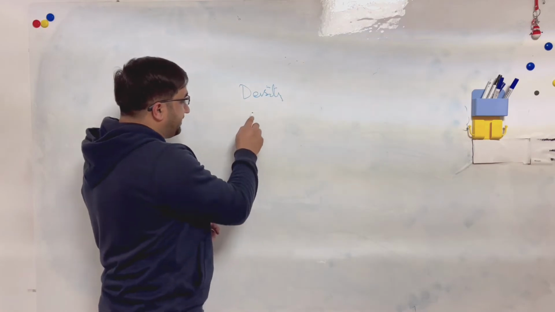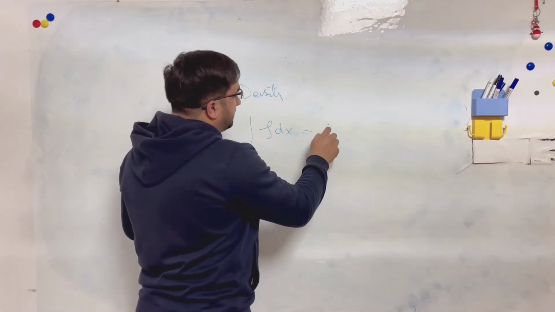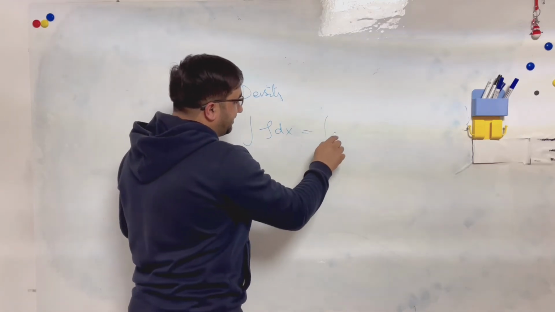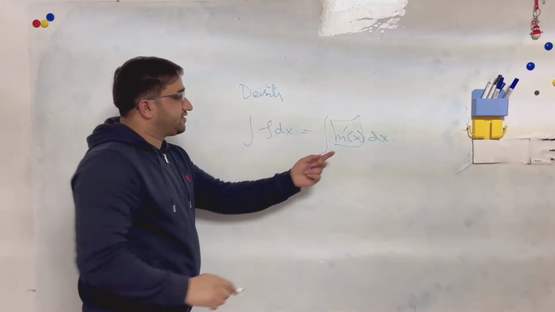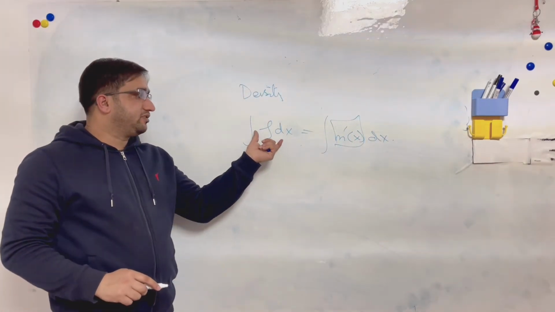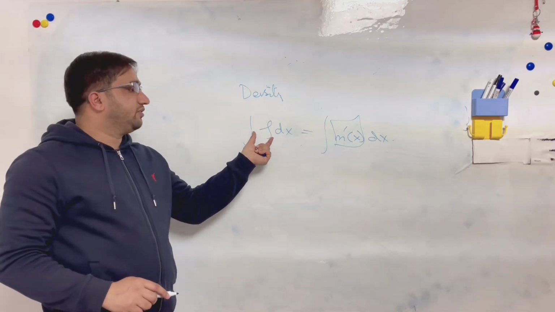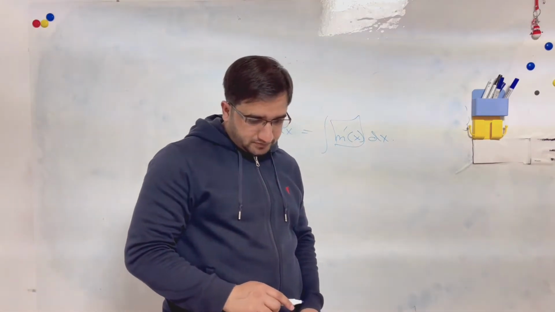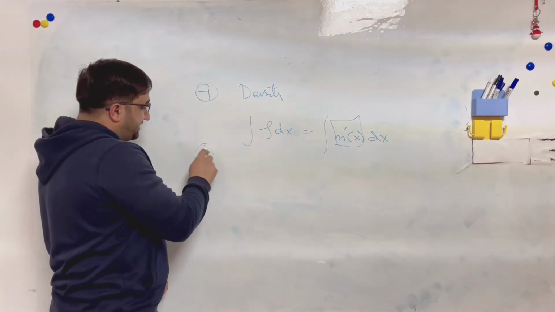So if you want the integral of rho dx, you are actually calculating the integral of m dash of x dx. They will give you this density function, and you can always write it like this.